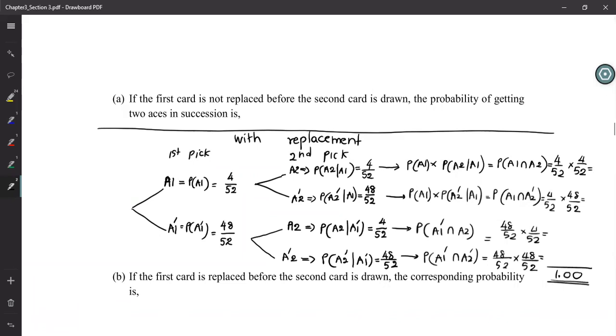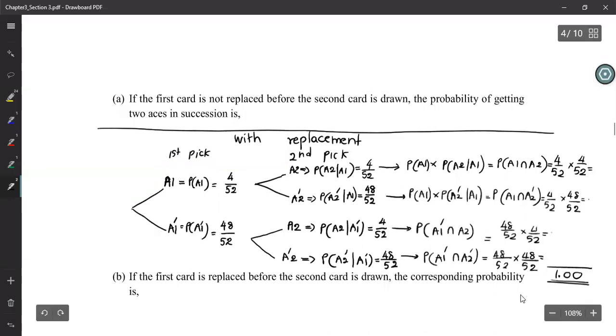Okay? So again, you have 4 possibilities if you pick 2 cards, one at a time with replacement. And these are the probabilities of these 4 possibilities. You can find them using the multiplication rule. And then if you add the probabilities in these 4 branches together, you get 1. So double check it.